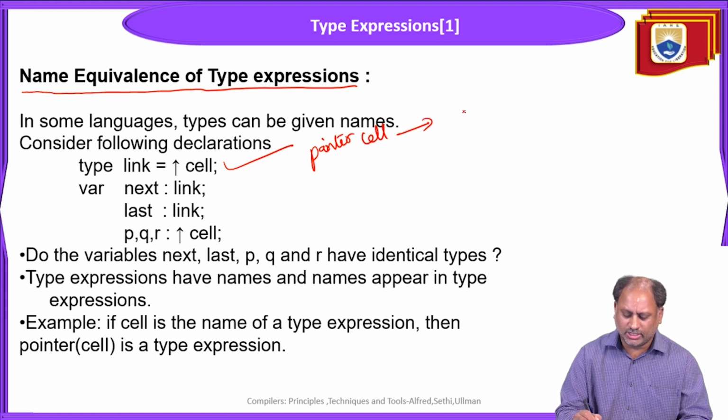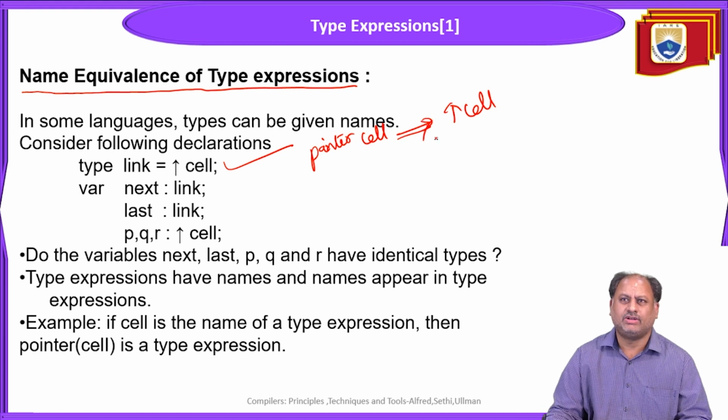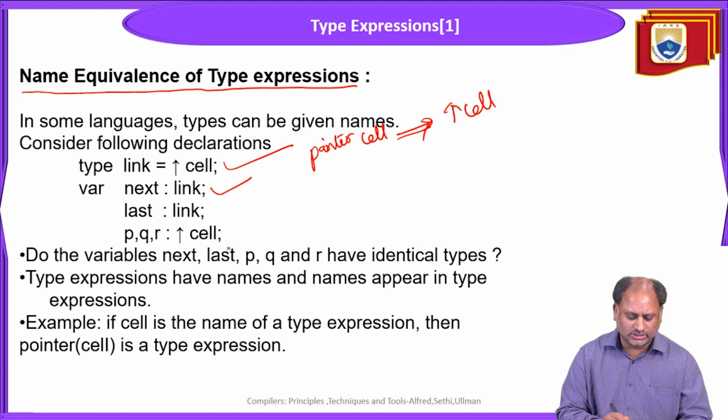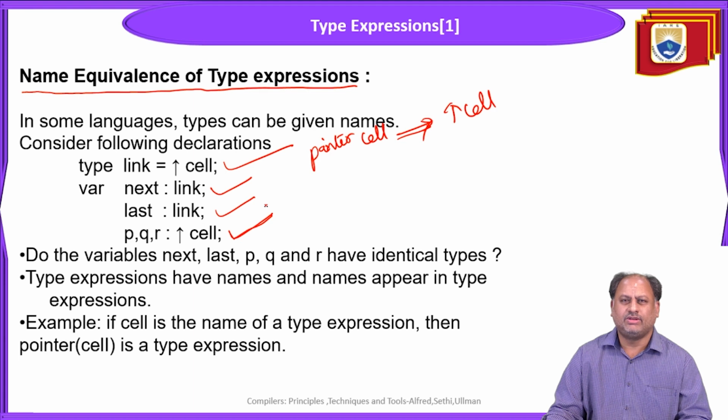That is determined as a pointer to cell. Then next is defined with a variable, last is defined with one more variable of type link. Then P and Q are defined as pointers to cell.